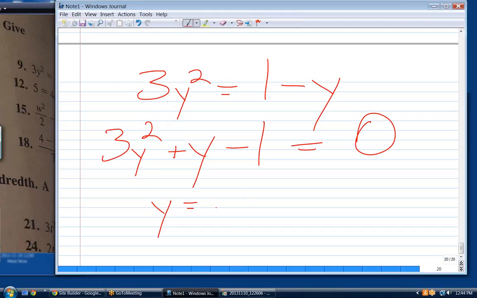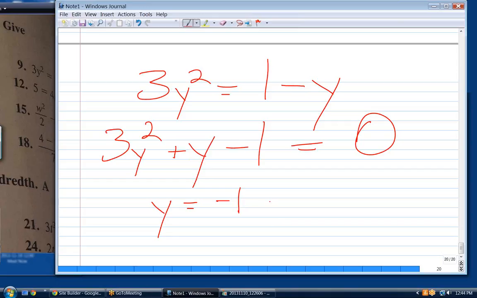Help me? Y equals minus b. Negative y. Would it be negative y or just negative 1? Negative 1. Remember, b is merely the coefficient of the y term.